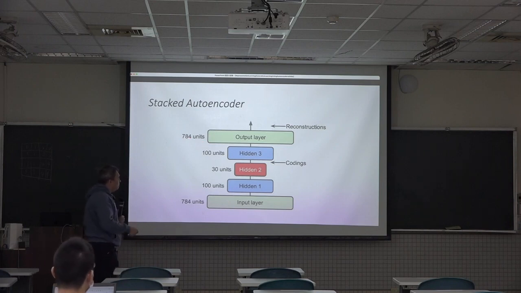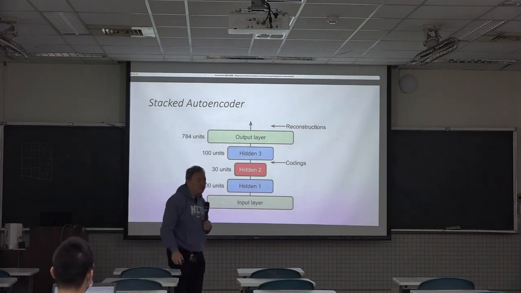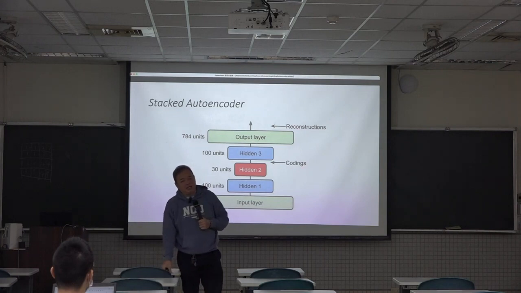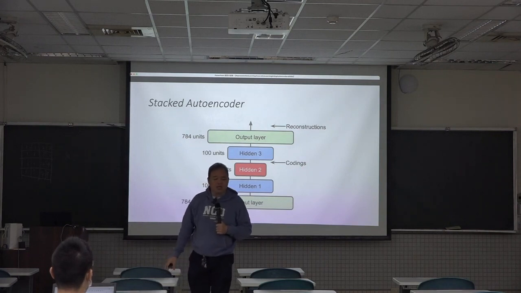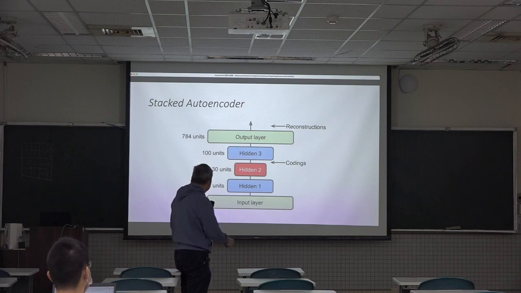This type of autoencoder is called an undercomplete autoencoder, in the sense that the coding layer dimension is lower than the input layer. Here the coding layer has only 30 units, so its dimension is much lower than the input layer.